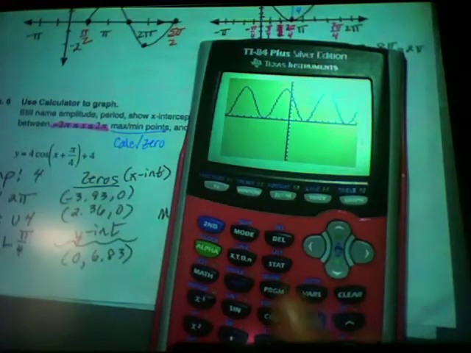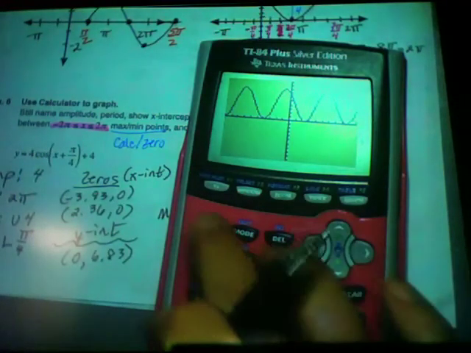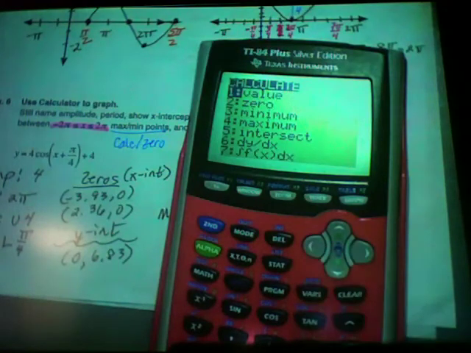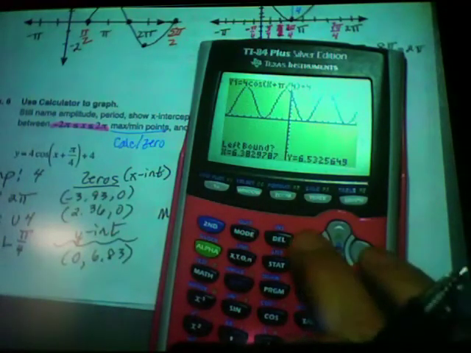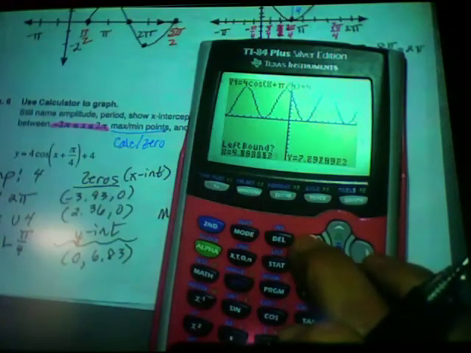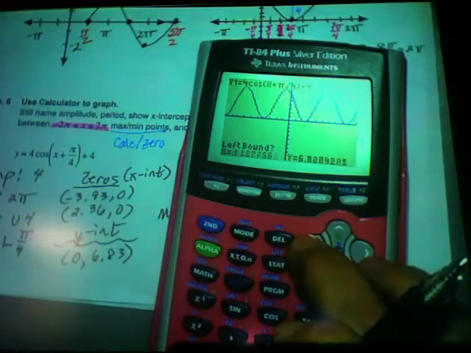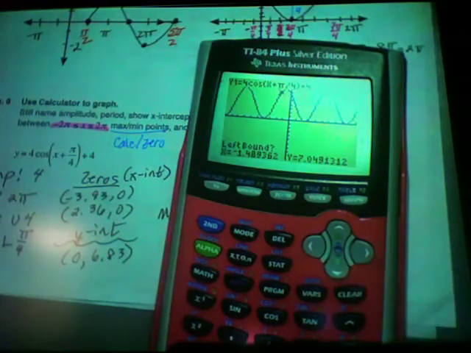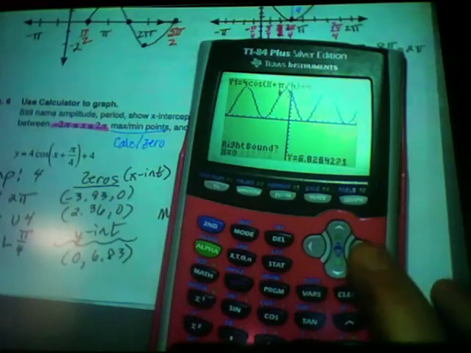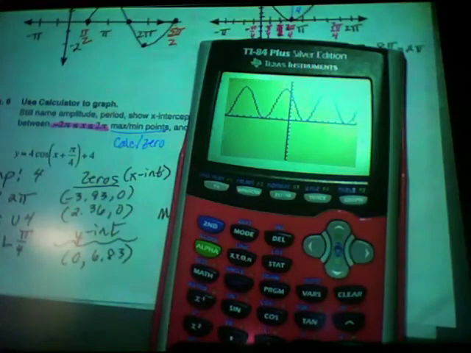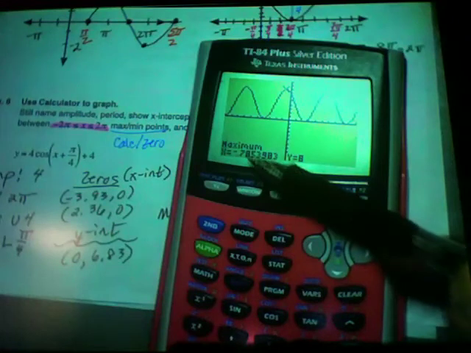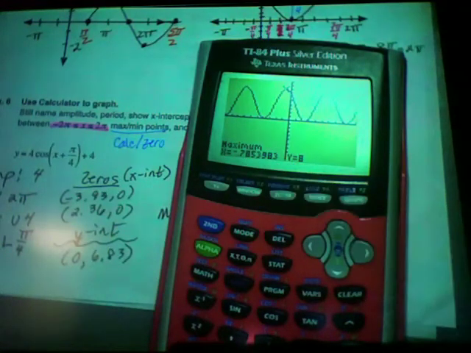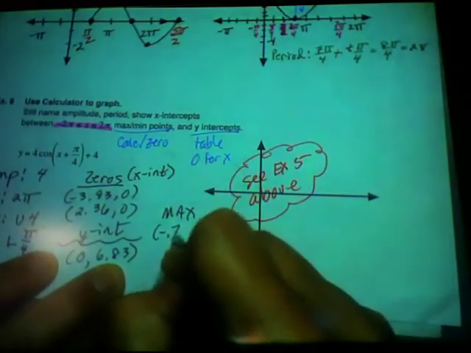But we don't know that on this one. So look at second calc again. Do max again. So hit enter. Right bound enter and guess. So what was our x value? Negative 0.79, right? Negative 0.79, comma 8.